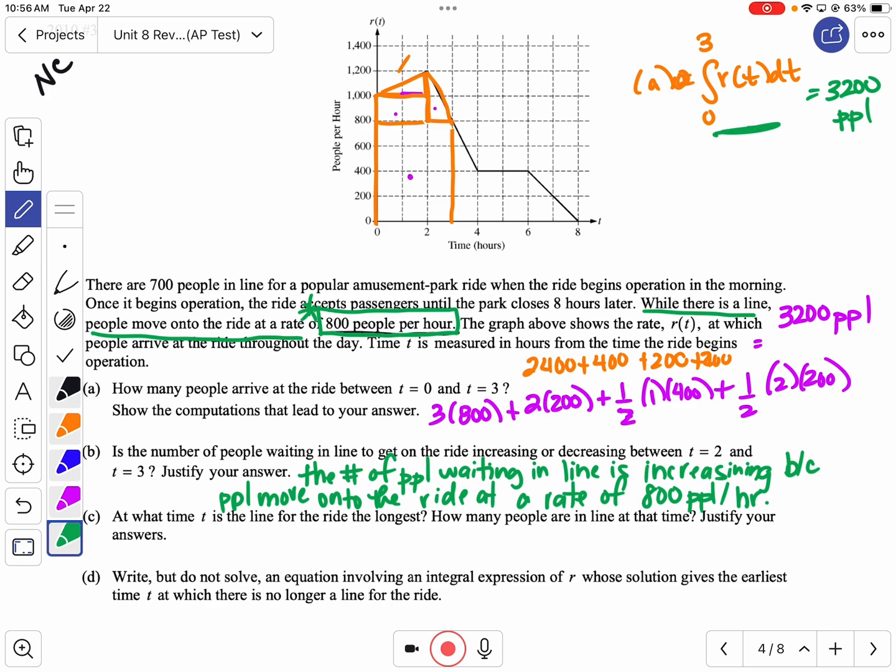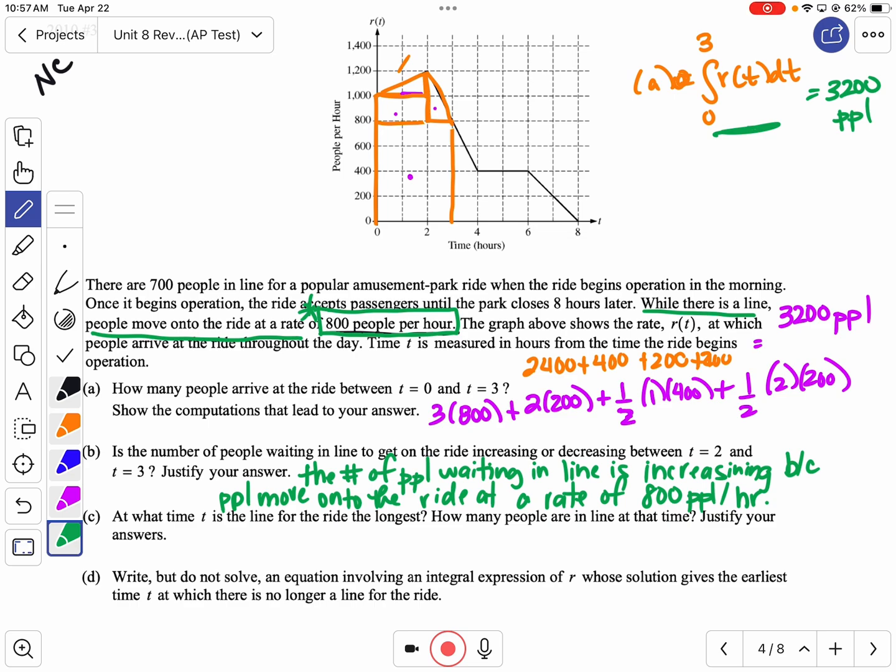Well, yeah, but that's going to be R of t minus 800. So we have how many people are able to get out of the line and onto the ride?